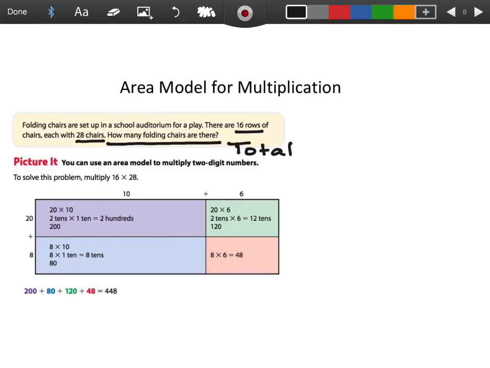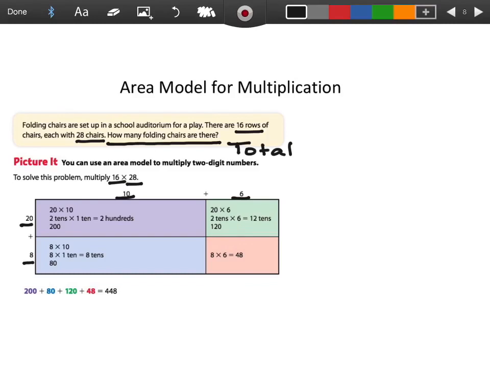So to solve this problem, we would have to multiply 16 times 28. Well, using an area model, we're going to break up this 16 into 10 and 6. And then we're going to break up this 28 into 20 and 8.